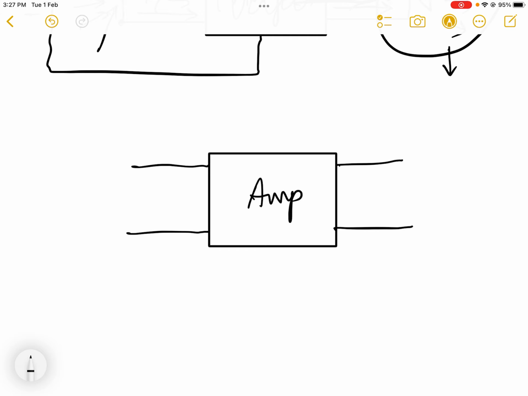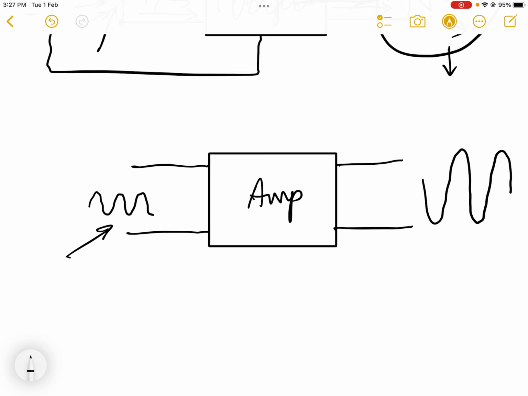Then there are two types of amplifiers in a general sense. Suppose one amplifier is receiving this kind of sine wave at the input, then the output will have a strong output signal. This will be the output. Now see the difference between these two signals. This is the input signal and this is the output signal.